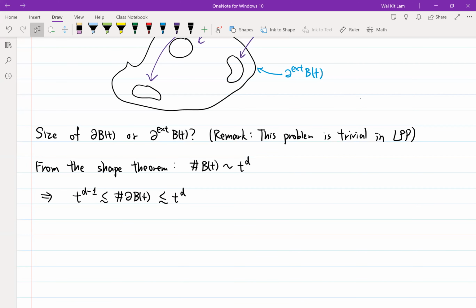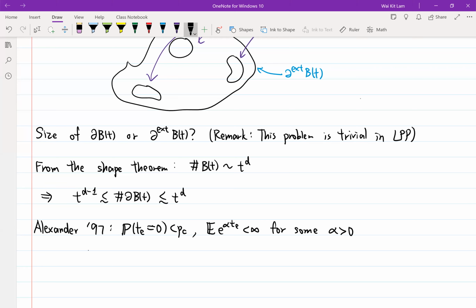In fact, there is a finer version of the shape theorem, which was proved by Alexander in 1997. If you assume again that there are not too many zero edges, and you also assume that the TE has an exponential moment, then you can show that almost surely the BT or BT bar is contained in an annulus, essentially.